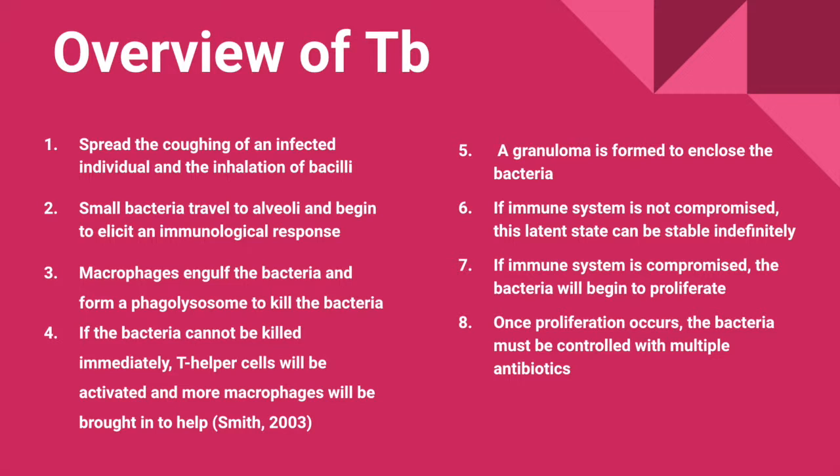If the bacteria cannot be killed immediately, T helper cells will be activated and more macrophages will be brought in to help form that granuloma to enclose the bacteria. If the immune system is not compromised, that latent state of the bacteria will stay potentially indefinitely. But if the immune system is compromised for multiple reasons, the bacteria could begin to proliferate. Once that proliferation occurs, hopefully the bacteria are recognized and diagnosed, and treatment can begin.